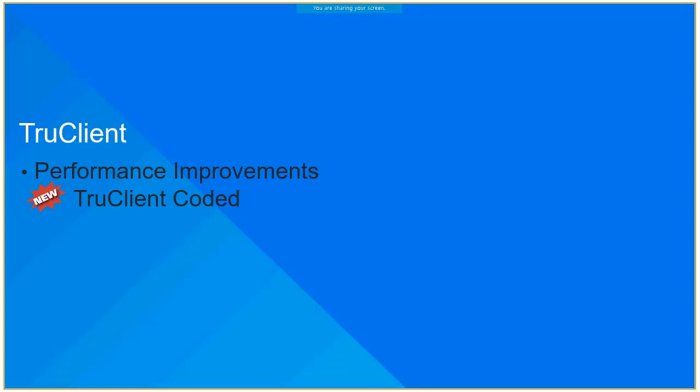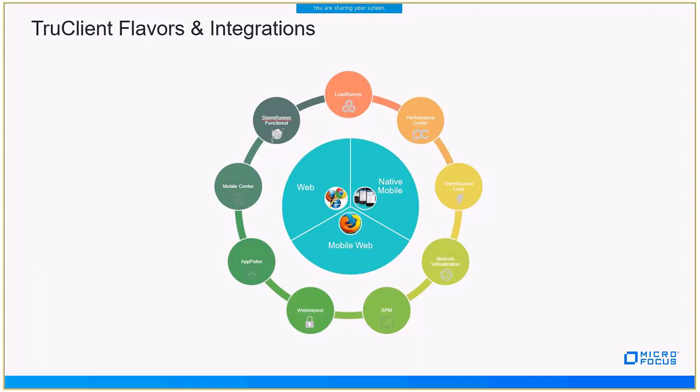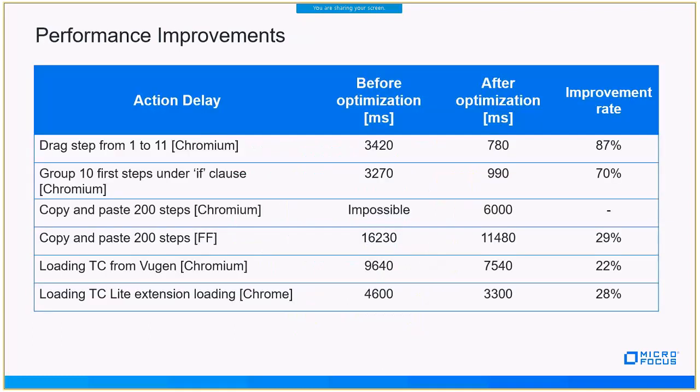Our next order of business, TruClient. As you know, TruClient has several flavors and many integrations, including Mobile Center, BPM, network virtualization, and more. Our first priority, as always, is to improve the user experience and performance in TruClient.